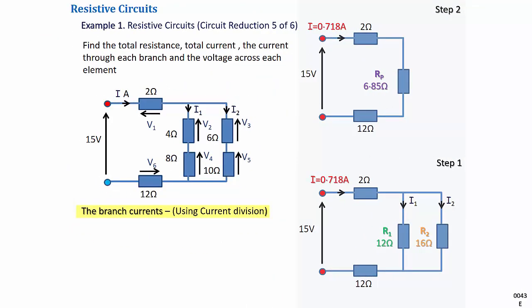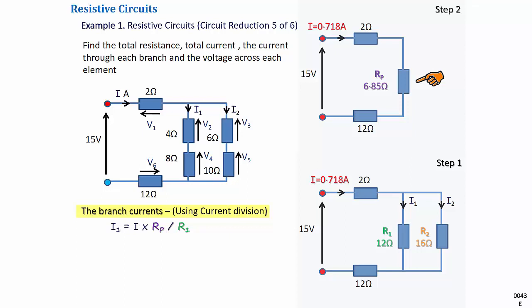To find the branch currents using current division. The equivalent circuit obtained in step 1 is the best starting point to determine the branch currents as it has single elements R1 and R2 in the parallel paths. From the equivalent circuit obtained in step 2, we can see the total resistance Rp of the parallel paths.